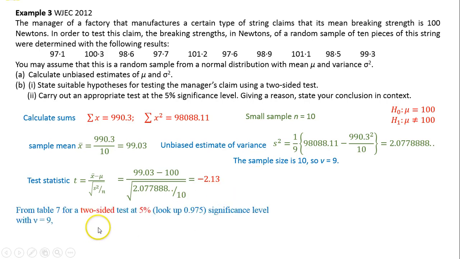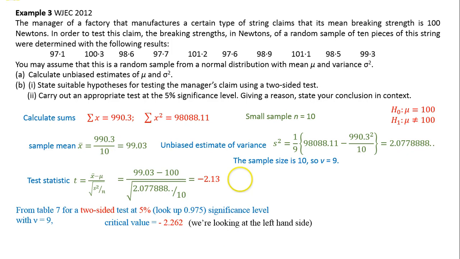It's two-sided, 5%, so I need to split the 5%. So I look up 0.975 significance level with nu equal to 9. This gives us a critical value of minus 2.262.